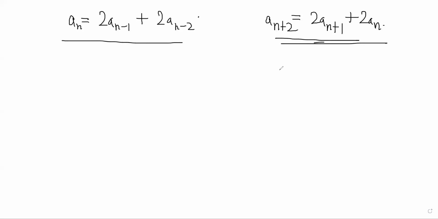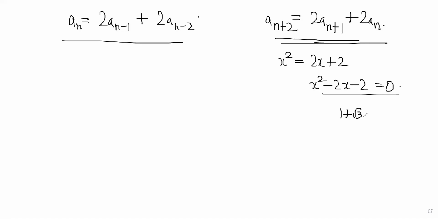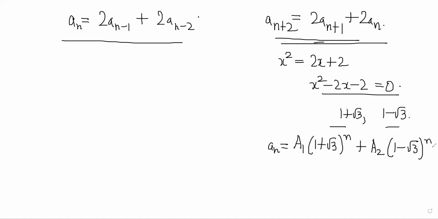And this second order recursion has the characteristic equation x square is equal to 2x plus 2. So x square minus 2x minus 2 is equal to 0 is my characteristic equation. The roots of the characteristic equation are 1 plus root 3 and 1 minus root 3. So the solution of the recursion should be capital A1 times (1 plus root 3) power n plus capital A2 times (1 minus root 3) power n.